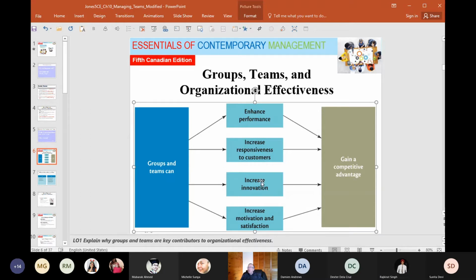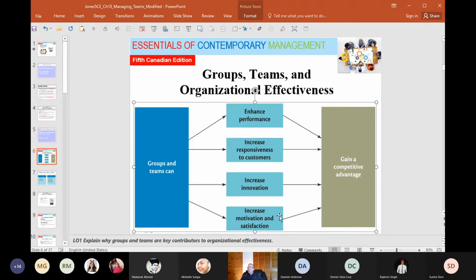And teamwork will increase innovation because the interaction between individuals will foster creativity, therefore increasing innovation, because everybody builds on other people's inputs, right?